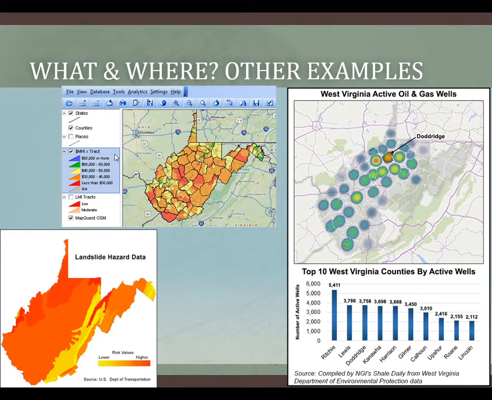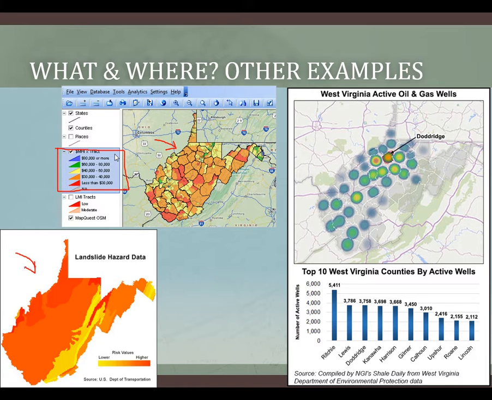There are tons of examples that connect what to when, where. Where is, for example, in this map here, we have different counties of West Virginia, that's the answer of where. And then we have some kind of census tracts. Census tracts are any information that are collected by the person who came and took some census information from you, and we can do lots of things: income, population, density, you name it, we can do it.